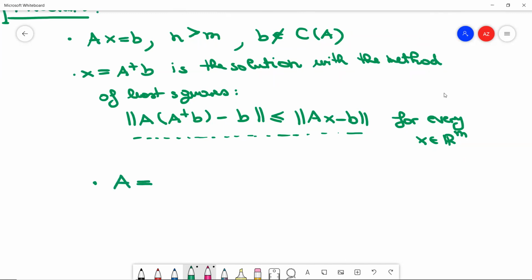So let A be equal to U sigma V transpose. And then we know that A plus is V sigma plus U transpose. And then we plug this into our equation, our star.